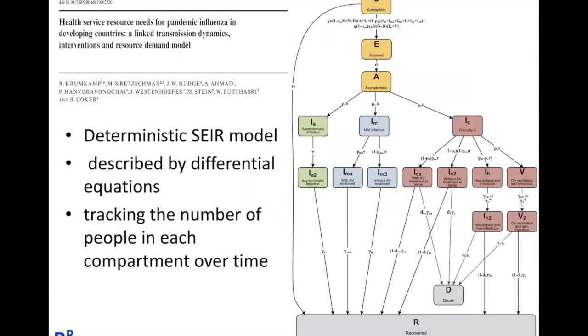It's an SIR model, but with different steps. It was a deterministic model, described all by differential equations, and was tracking the number of people in each compartment over time. So we try to describe it a bit more, like susceptibles could be exposed.